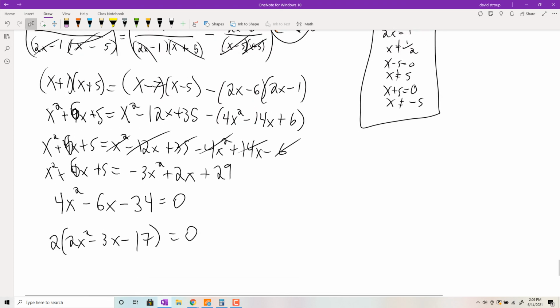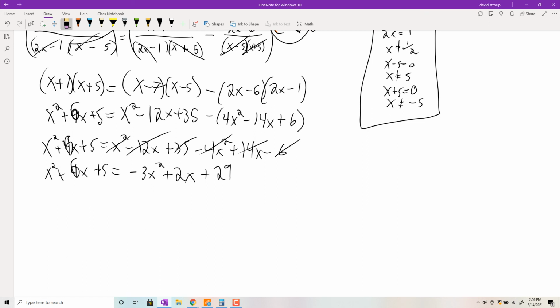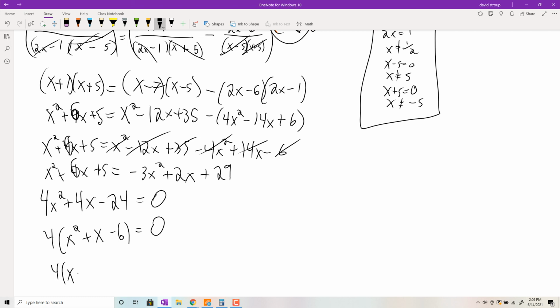And then I can move something over. Okay, so adding the 3x squared gives me a 4x squared. Subtract the 2x, I get 4x. Subtract, so that'll be minus 24. You can factor out a 4 from all of them. And then we could factor that thing, the x plus 3, x minus 2.